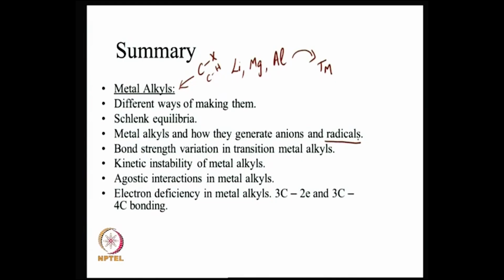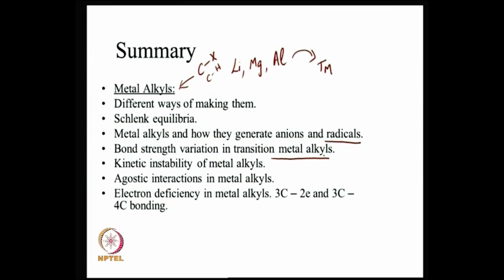We also discussed the bond strength variation in main group chemistry and in transition metal alkyls. We found that for transition metal alkyls, as you go down the group, the bond strength increases, whereas for main group elements, the bond strength of a metal alkyl moiety decreases. So, this anomalous behavior has to be kept in mind when you look at the chemistry of metal alkyl species.